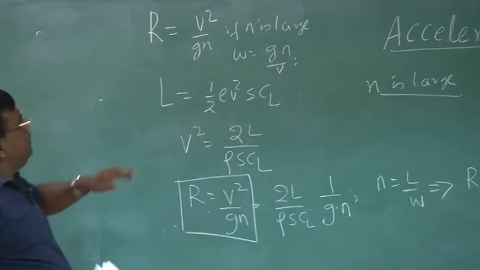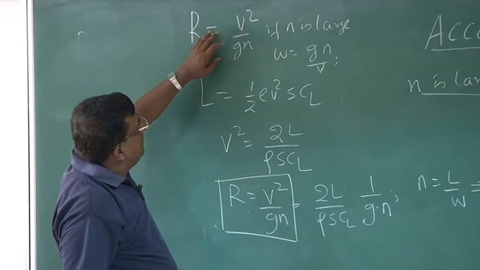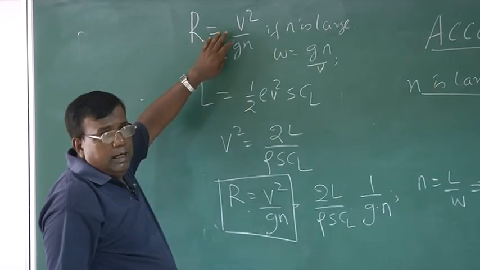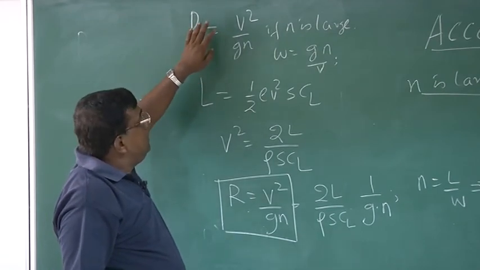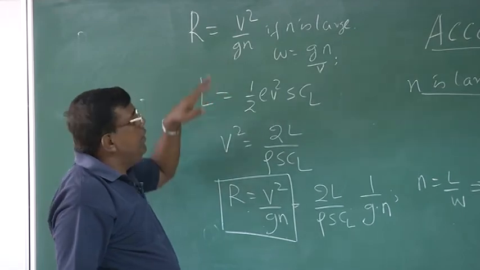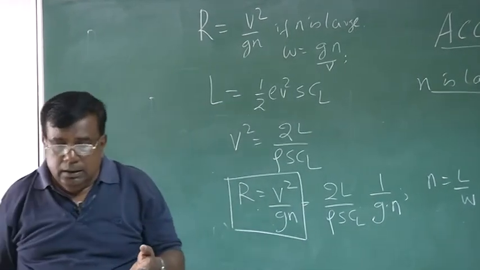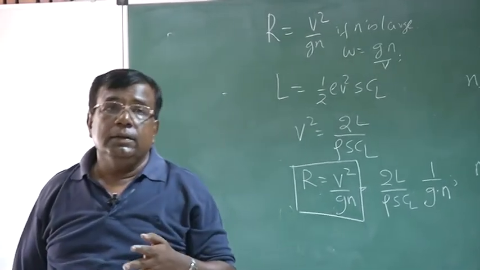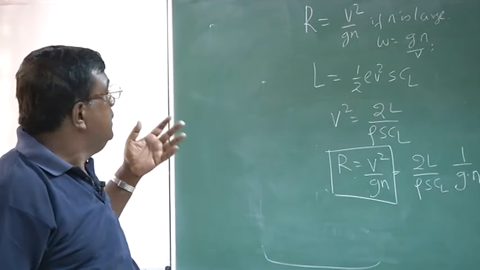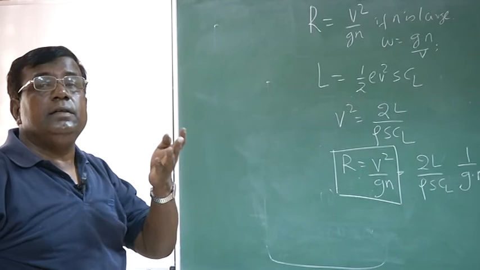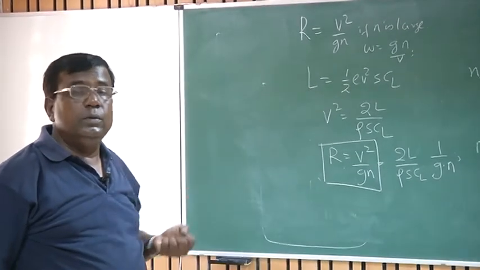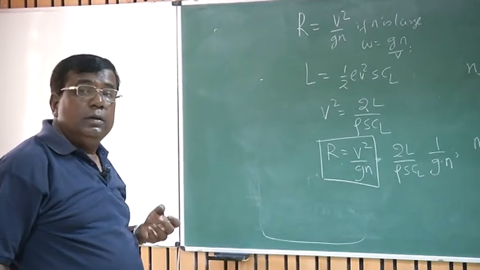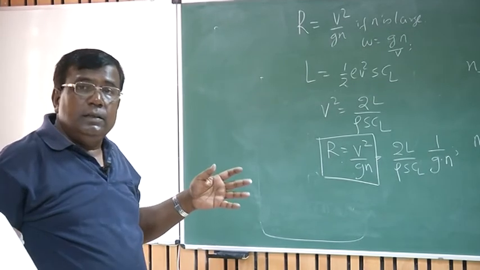Now we want to extract some information for a designer. The important question is, if I want to make an aircraft which is capable of generating a radius of turn, let's say A1, some value, then I must ensure that the design layout is such.